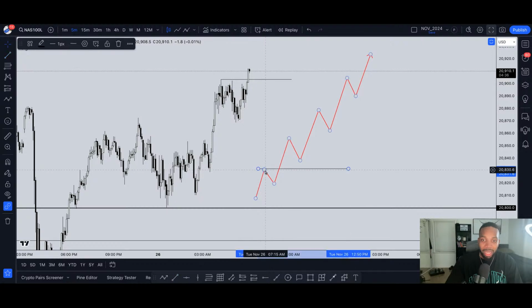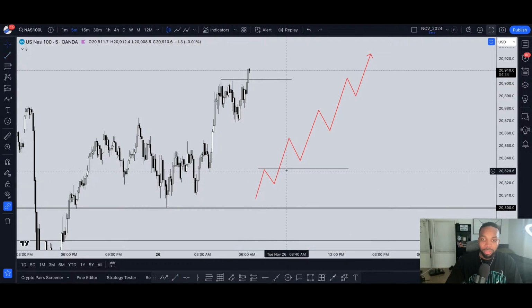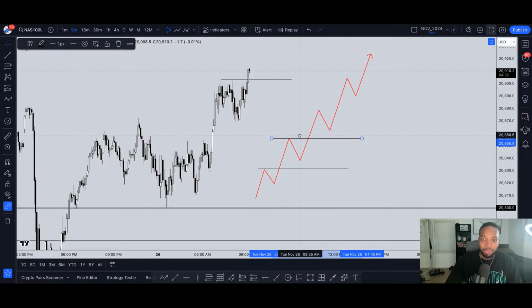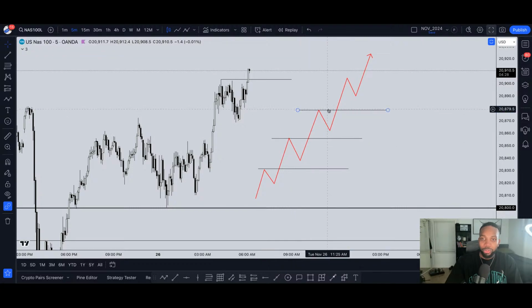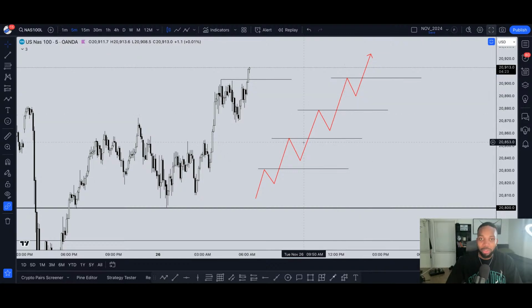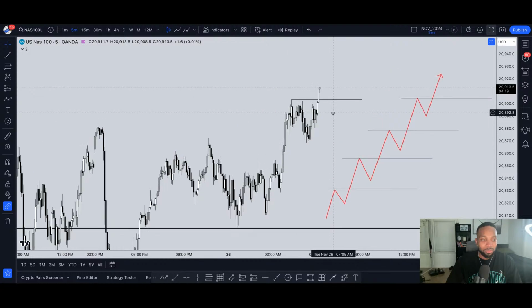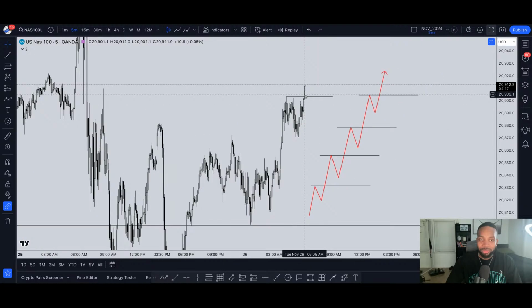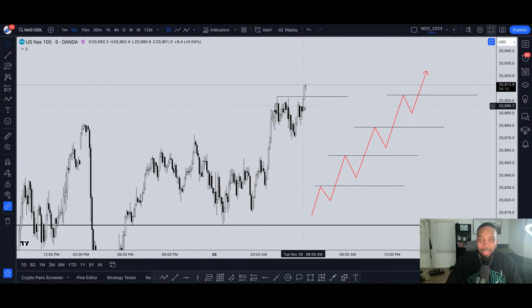This was a high and we broke structure. We broke structure here. We broke structure there. In order to create an uptrend, in order to make higher highs and higher lows, you have to break structure like we just did. So, is this an uptrend or downtrend? This is an uptrend. It's a very clear uptrend.